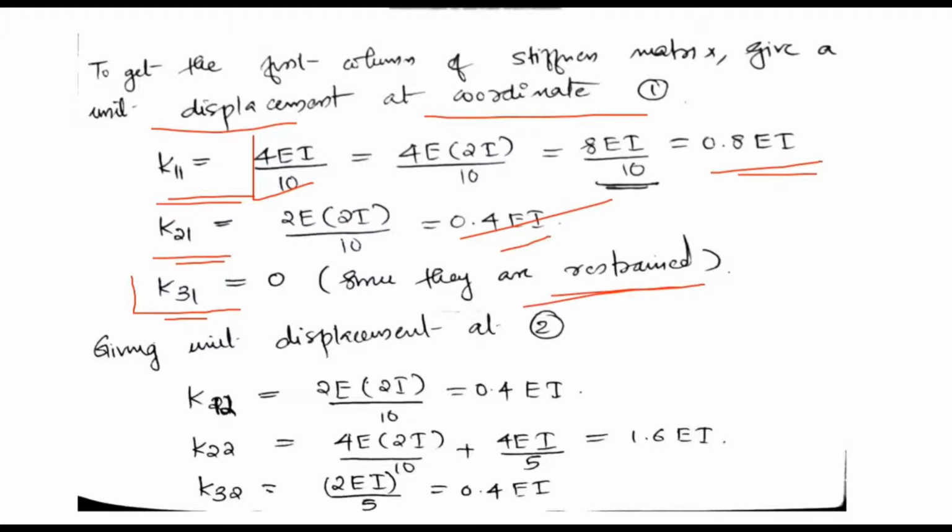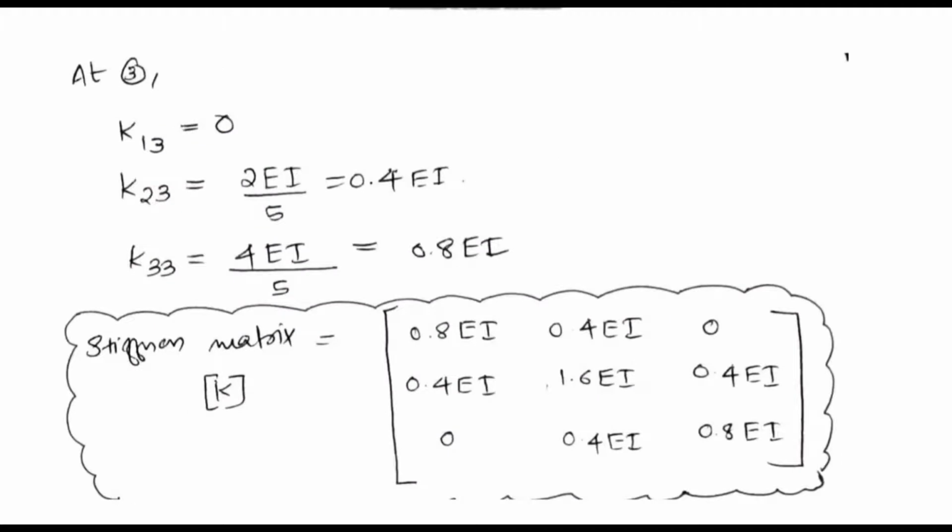Similarly, we get values when we apply a unit displacement at coordinate 2 and at coordinate 3. Develop the matrix. We get the matrix as 0.8 EI, 0.4 EI, 0; 0.4 EI, 1.6 EI, 0.4 EI; 0, 0.4 EI, 0.8 EI.